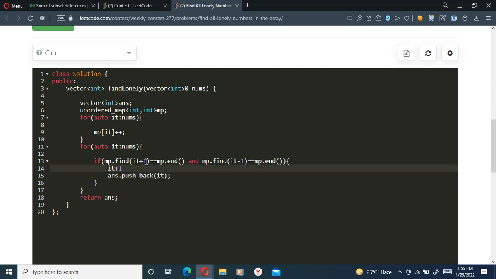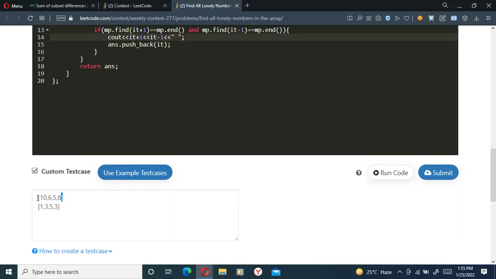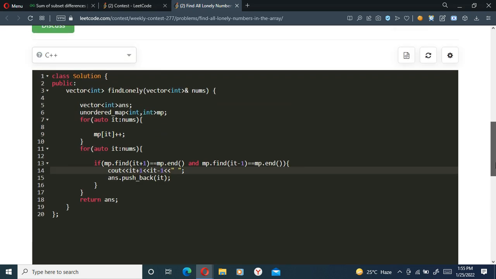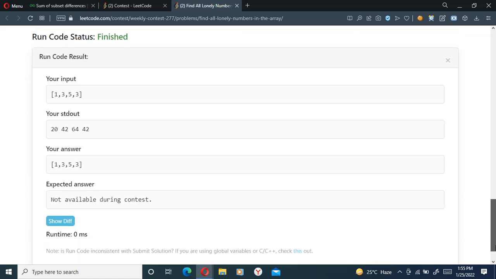It plus 1. See it minus 1 as well. Let's see what is the problem. It shouldn't have been giving me an error. Is it giving me error? Both the values are not found, then only do this. Okay.